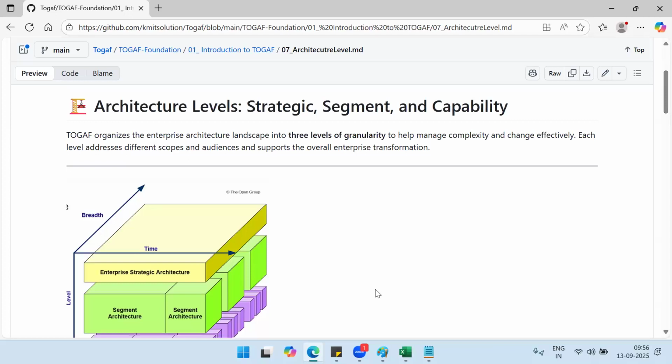So this table is basically how they work together. For example, strategic is the enterprise-wide vision, scope is the enterprise, audience is board members and executives. Example: digital-first transformation plan. Segment: you have the different business units. Scope is business units, business segments or domains, like retail banking, mobile app.